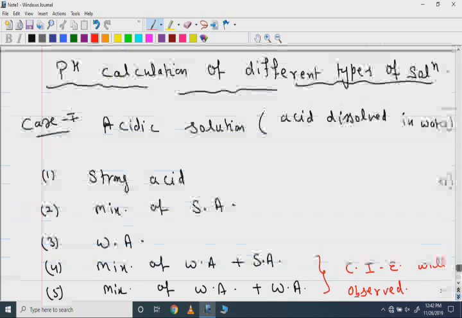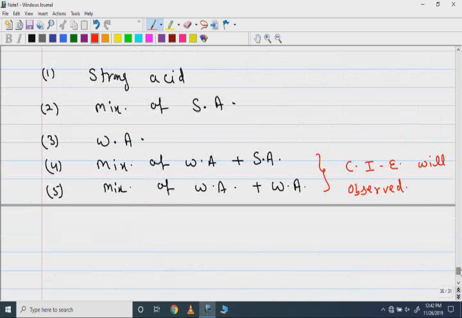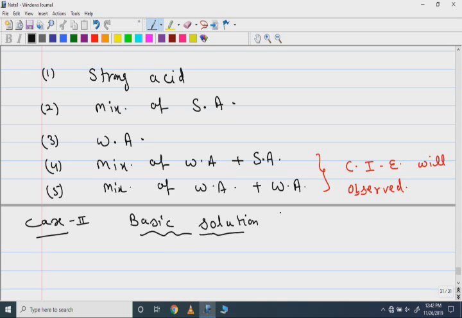Okay, so let's move on. Now, case 2. Basic solution. Again, base dissolved in water.